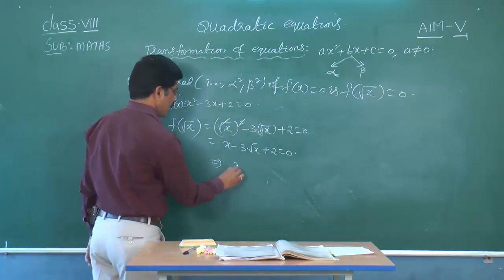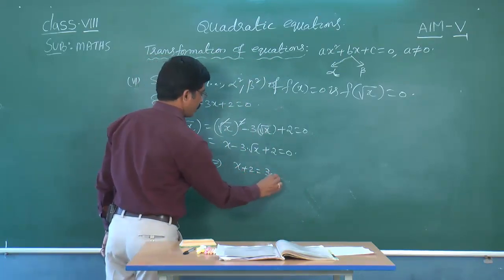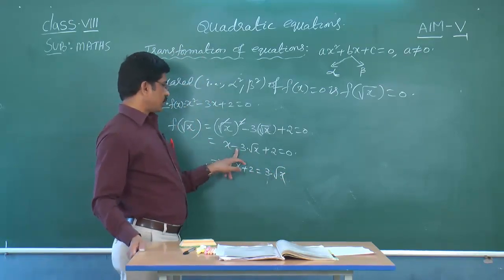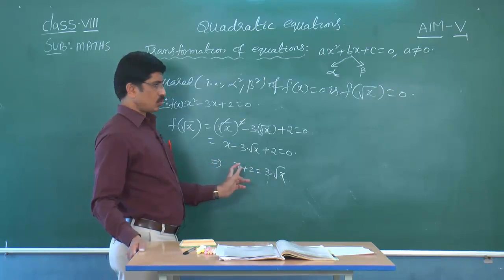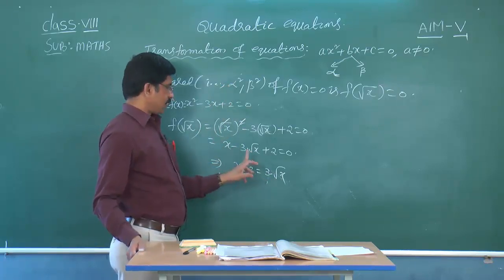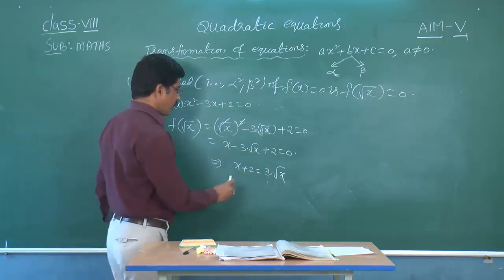Next, x plus 2 is equal to 3 into root of x. The minus 3 root x goes to the right hand side and the symbol interchanges, minus becomes plus.